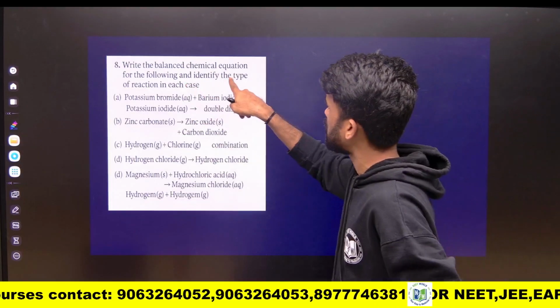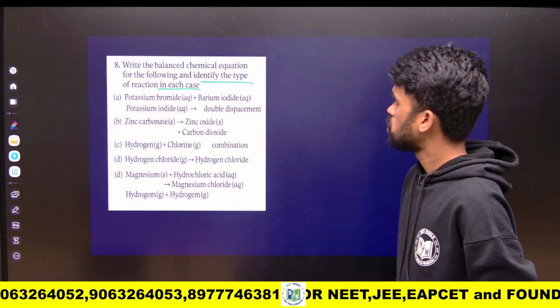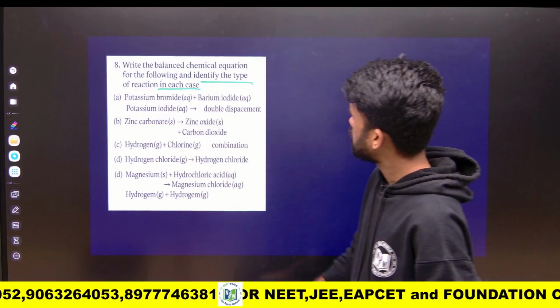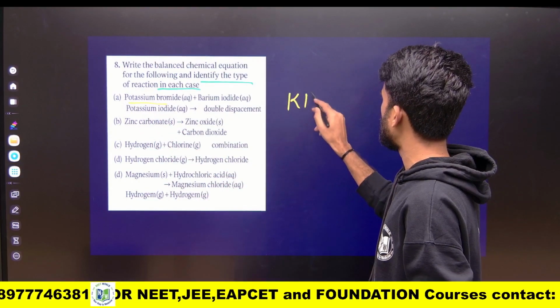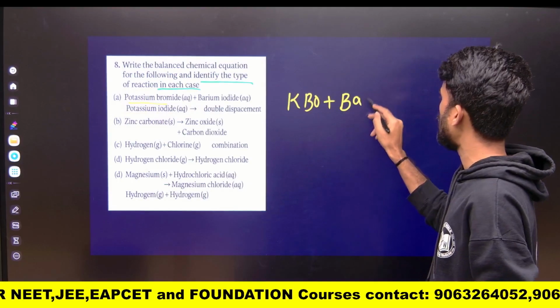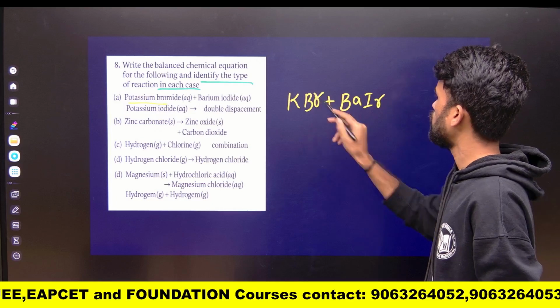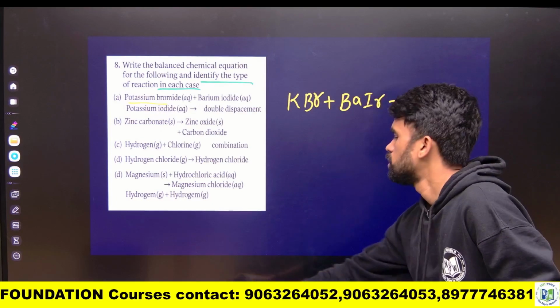Write the balanced chemical equation for the following and identify the type of reaction in each case. So now identify these. What they are saying: potassium bromide, KBr, plus barium iodide, BaI2, so KBr and BaI2. So what is the product they are saying?